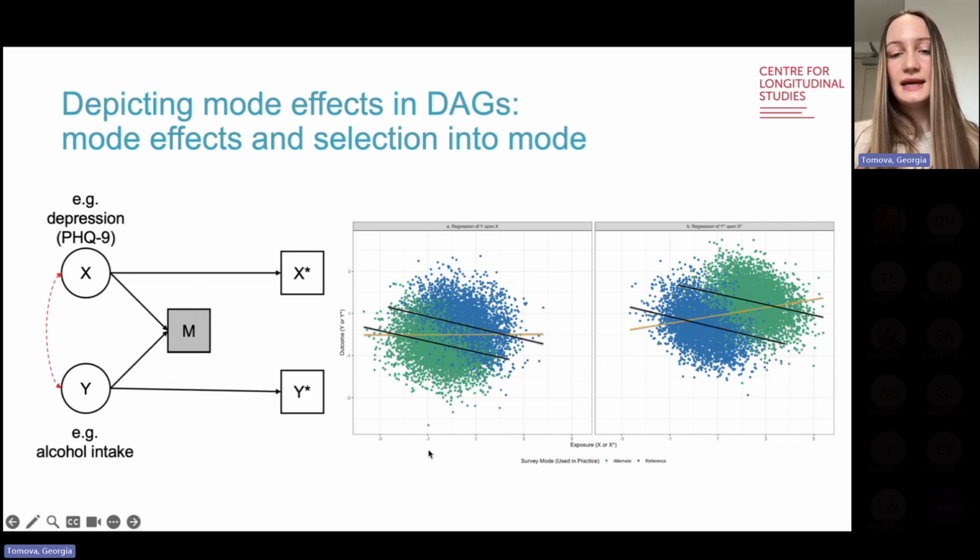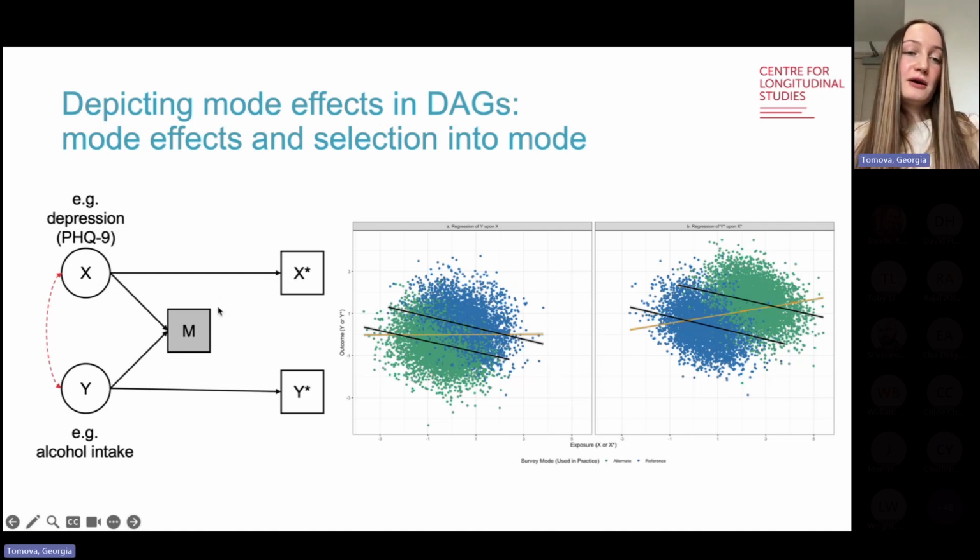What you might notice here is that if you don't adjust, you have bias in one direction. If you do adjust, you have bias in the other direction. So it's a situation that you cannot really solve just by thinking about adjustment. Also, what's important to remember is that collider bias can sometimes be so strong that it can be much larger and can overwhelm any benefit you might get from just reducing the variation in the measured variables.